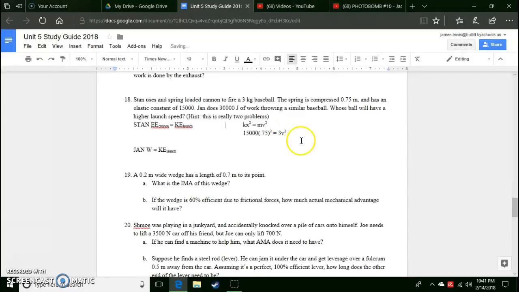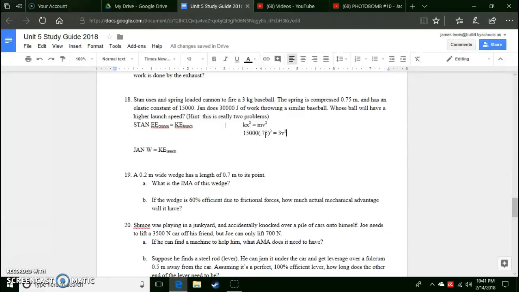So to get that final velocity, we're going to do some algebra. 15,000 times 0.75 squared, if I do that in my calculator over here. Here we go. So calculator says 15,000 times 0.75 squared is going to be 8,437.5.